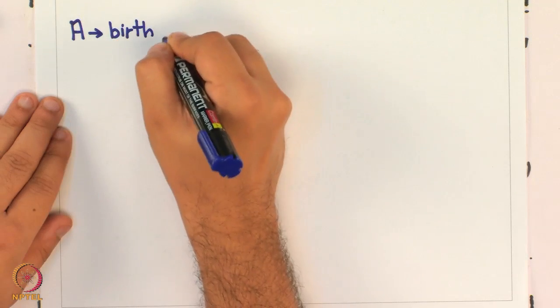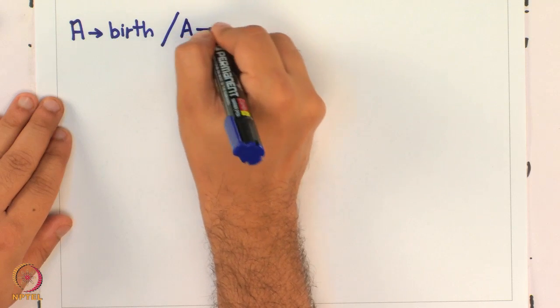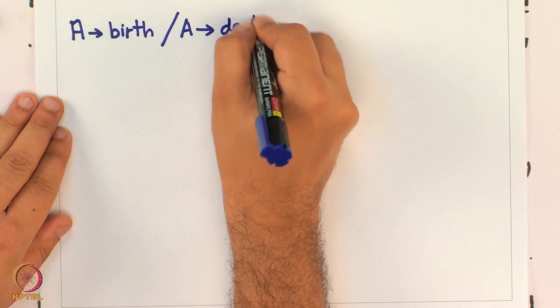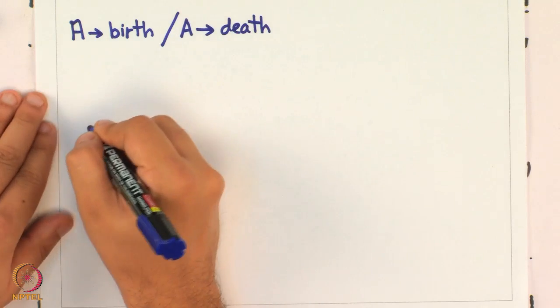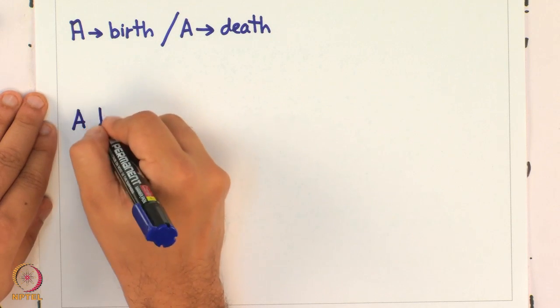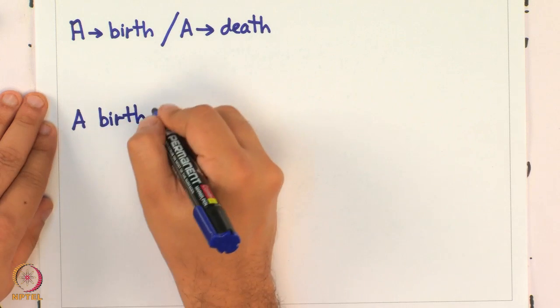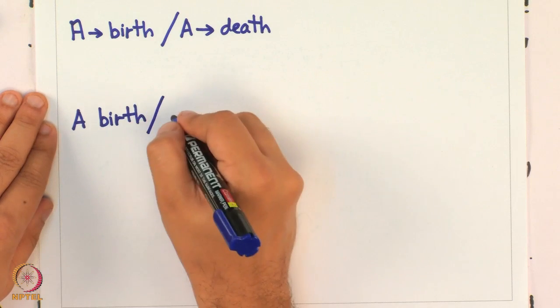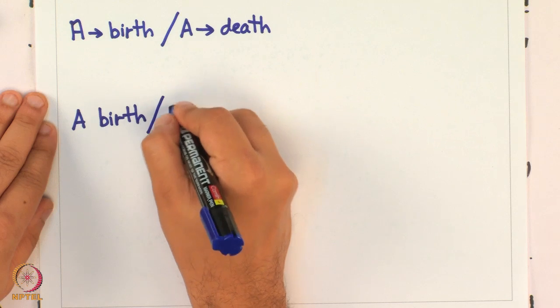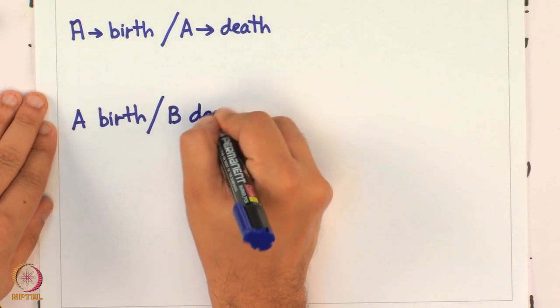So there could be 4 possibilities: I could choose A for birth and A for death, or I could have A for birth, where while selecting for reproduction, I draw out a genotype A, and while selecting for death, I select a genotype B.